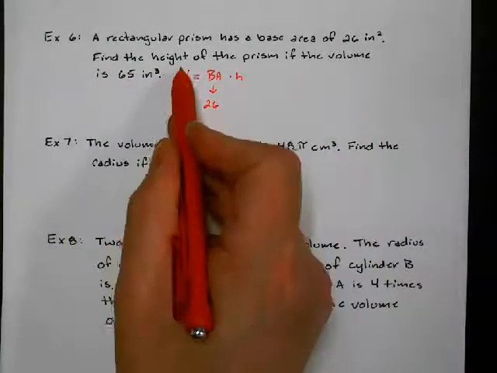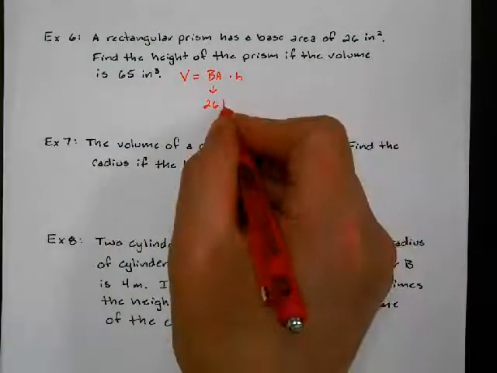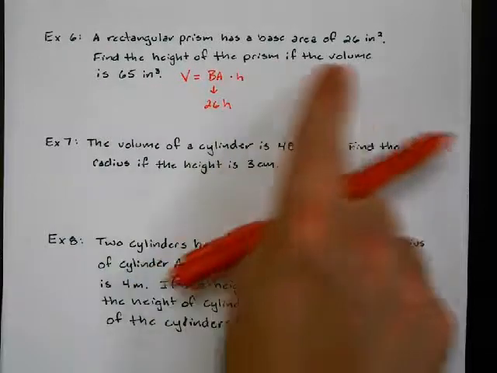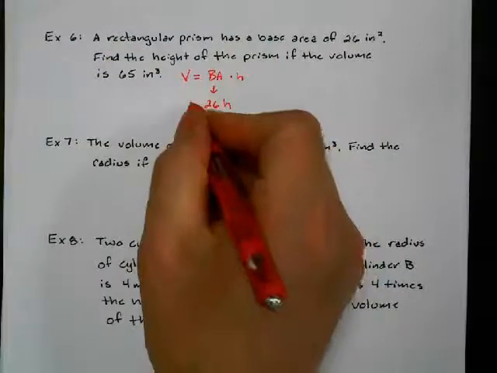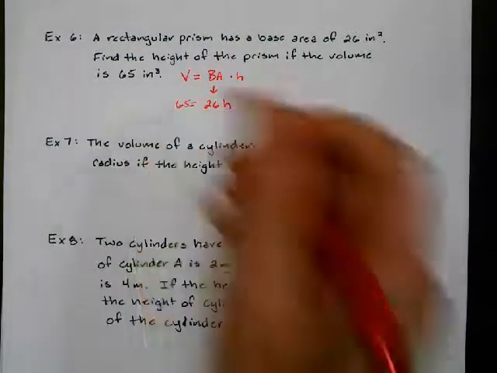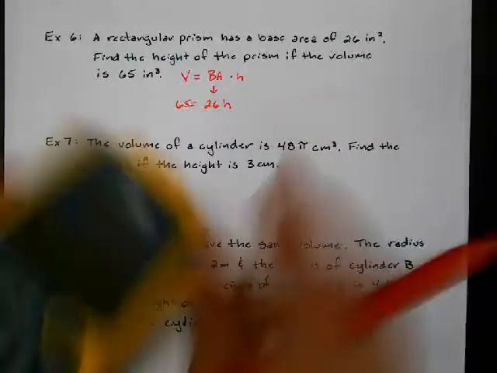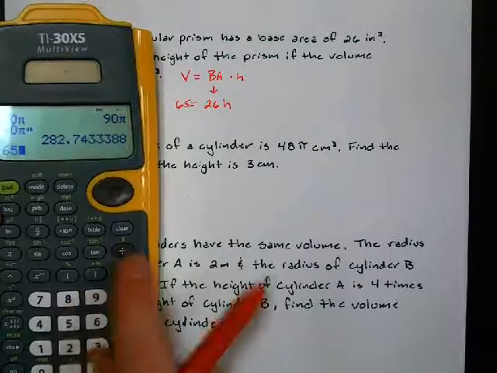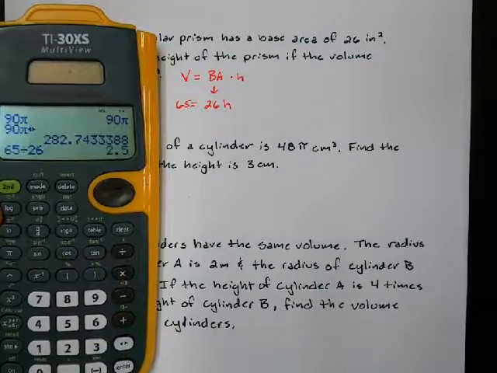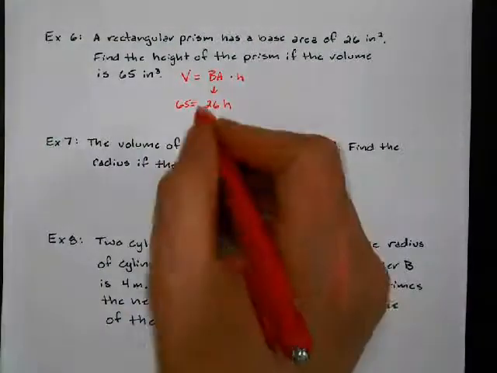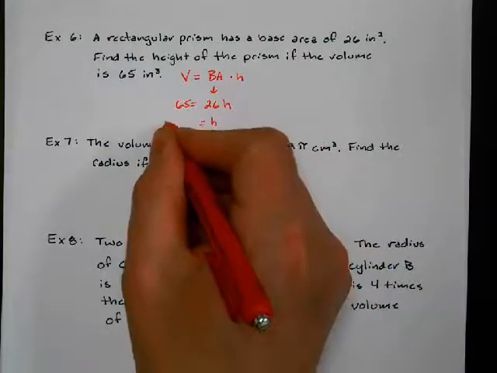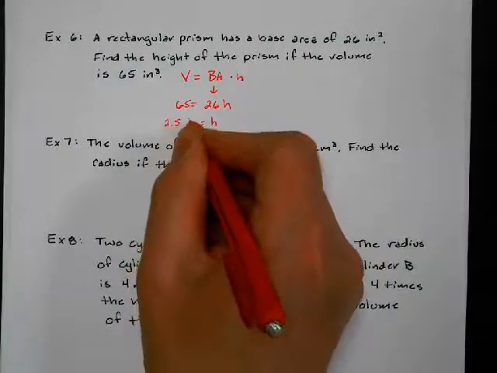If the volume is 65, equals 65. So what do I do to find the height? Divide by 26. So if I do 65 divided by 26, I end up with 2.5. So the height is 2.5 inches. So I just wrote down the formula and plugged in what I knew.